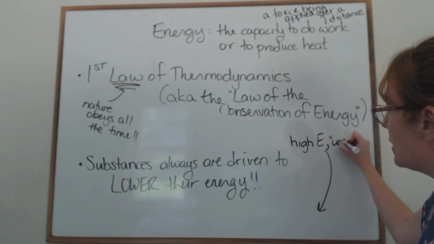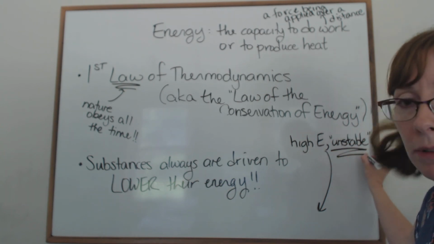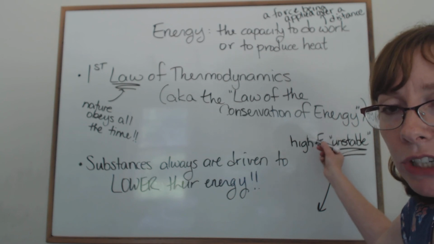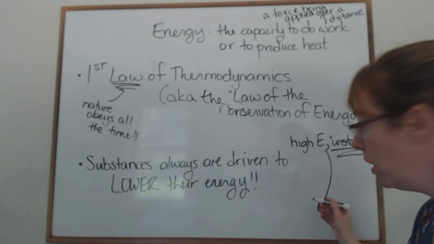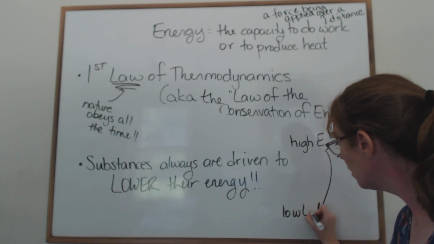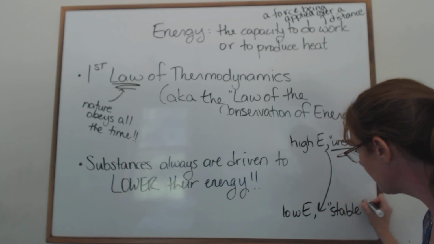And in chemistry, this is a great term used quite a lot: unstable. Unstable means high energy. Matter will always want to go from high energy to a low energy, otherwise known as a stable state.